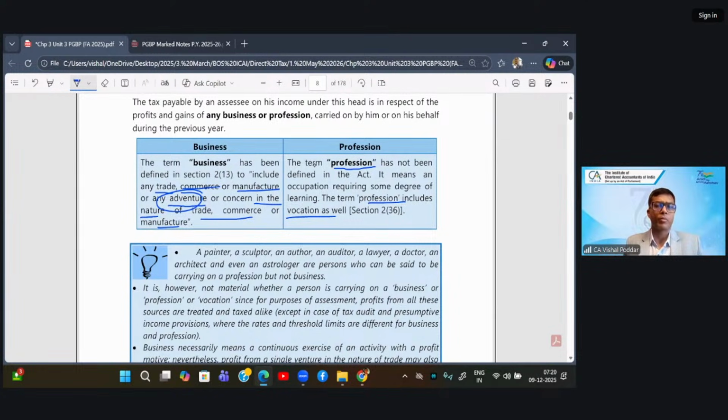But in general, profession means expertise work where you require some degree of learning or training. So it may be something like a professional course, what we all are pursuing, or it may be even certain skill sets. Like a painter, a sculptor, maybe a dancer.